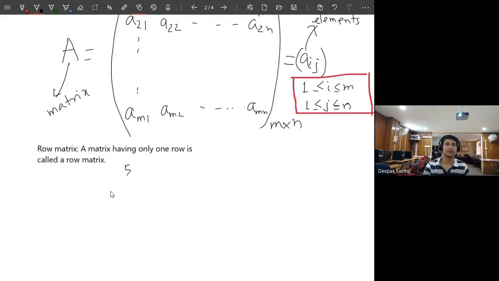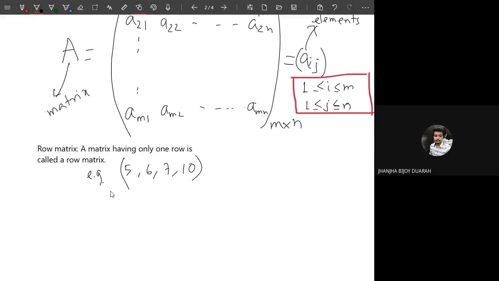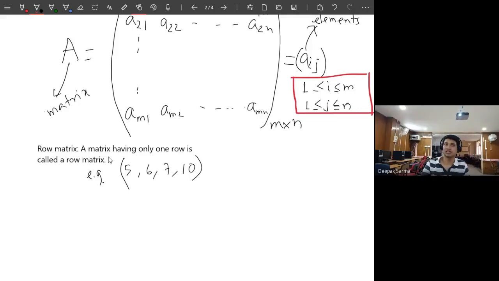Suppose 5, then 6, 7, 10. This one is a matrix having only one row. Yes, sir. The number of columns is not important here. We only bother about the number of rows. This one has only one row, so it is a row matrix.